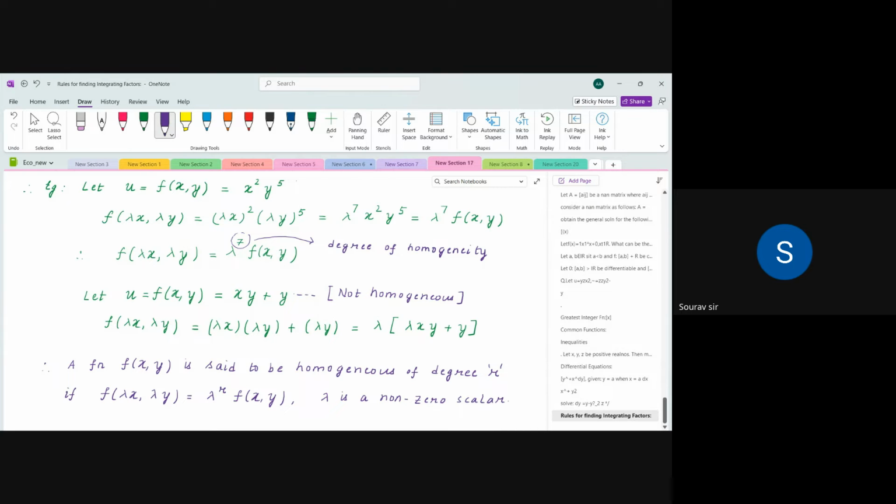Okay, is the idea making sense to everyone? What a homogeneous function means?